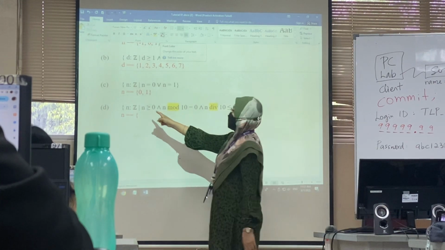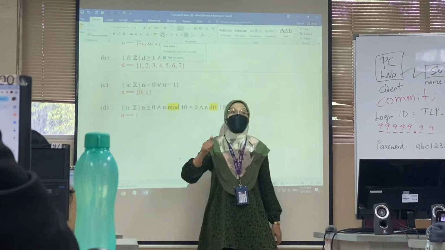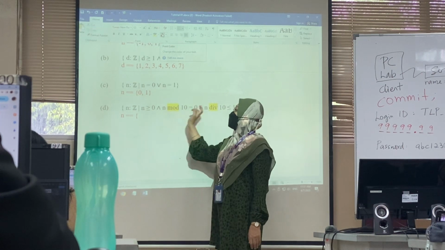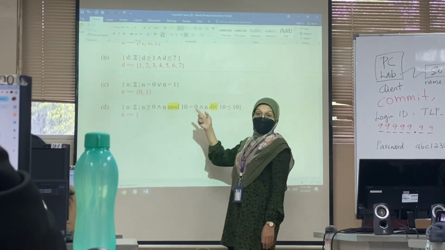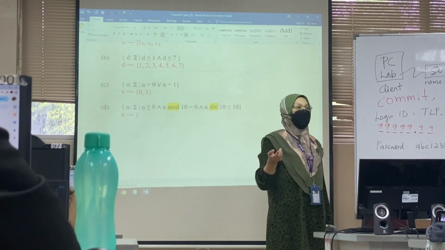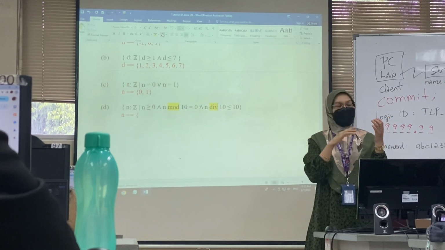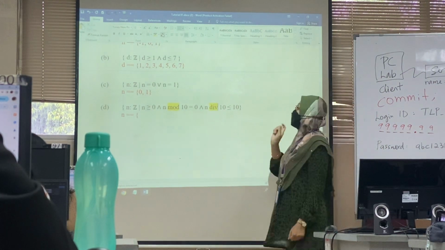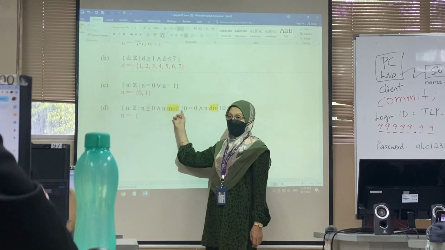So this is integer, right? So mod and divide can be used for n or z. Okay, divide. You know divide, right? Integer divided by another integer. Okay, you get the division without the remainder, right? So that is the answer for divide. When you want to get the remainder, you use modulus.